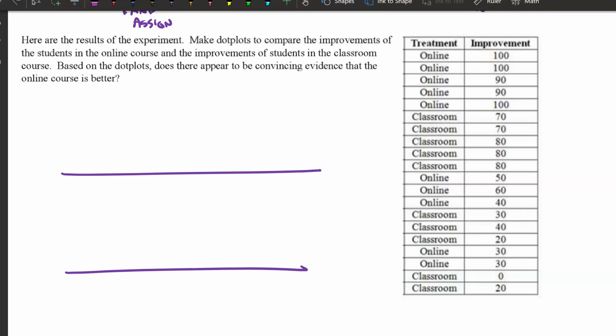Online, and this will be class. These are improvement scores. The improvement scores range from 0 to 100. That should be easy enough. Let's go 20, 40, 60, 80, 100. Do the same scale down here.